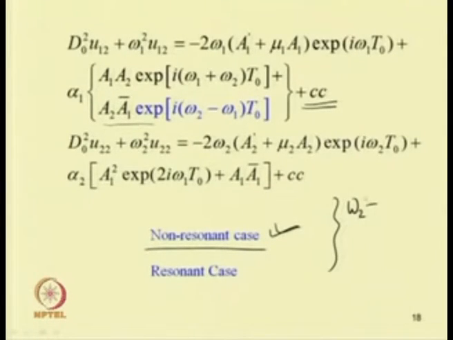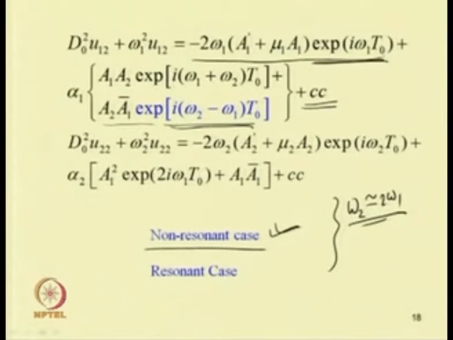So, if omega 2 is nearly equal to 2 omega 1, then this term, that is omega 2 minus omega 1, becomes nearly equal to omega 1, and this will be a secular term in addition to this term. Already this term is a secular term, that is minus 2 omega 1 a 1 dash plus mu 1 a 1, and this term will also be a secular term, if we are considering omega 2 nearly equal to twice omega 1. If omega 2 is away from 2 omega 1, then the case will be a non-resonant case.